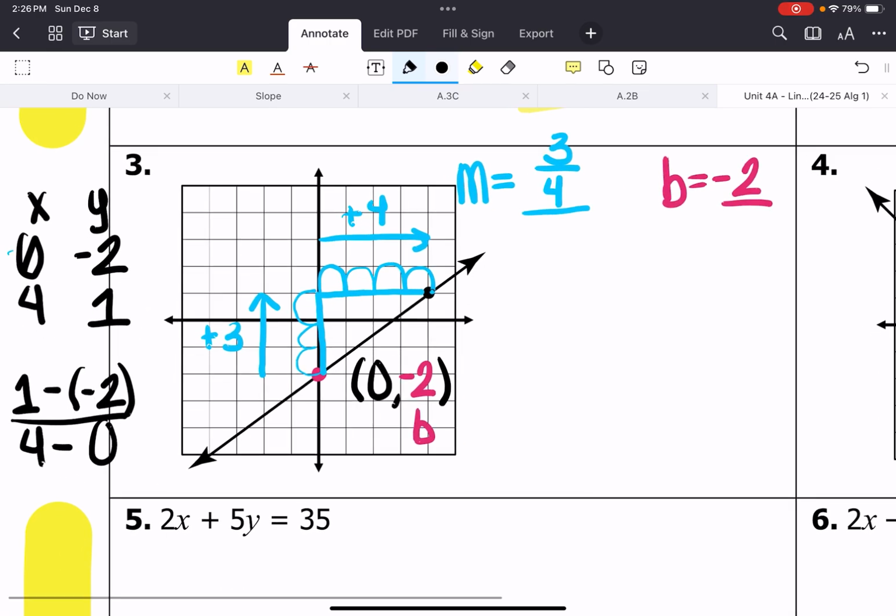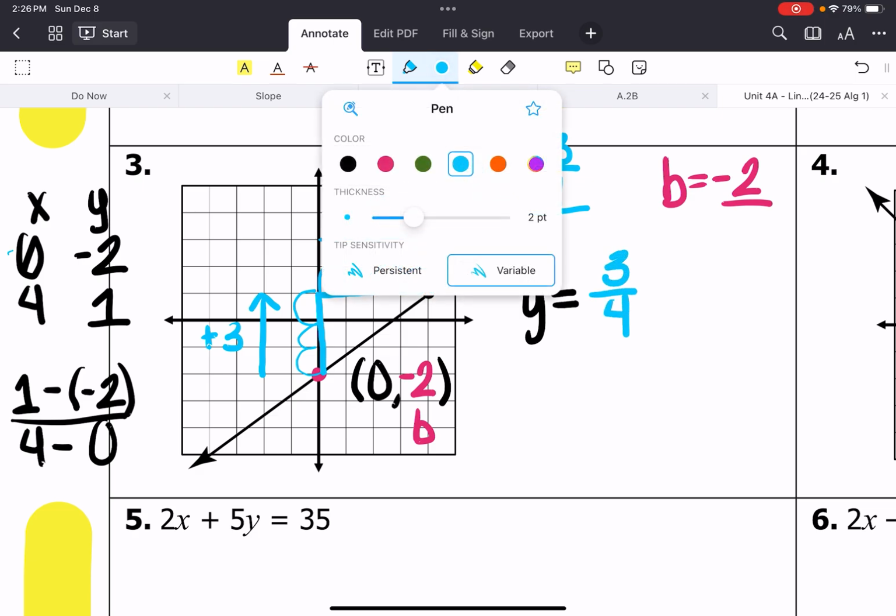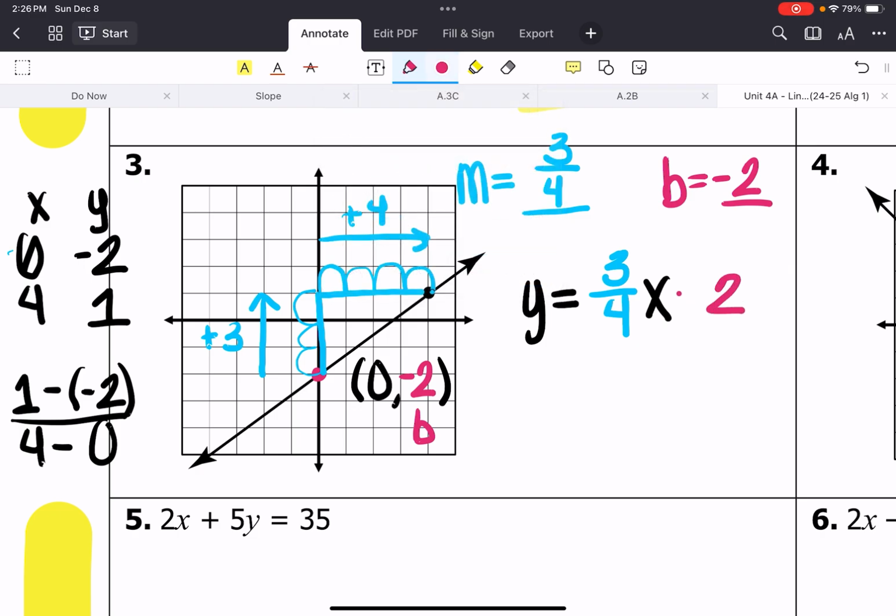Okay, now that we've identified our m and b, we're going to put them into our equation, replacing m with 3/4 and b with -2 to give us our equation in slope-intercept form.